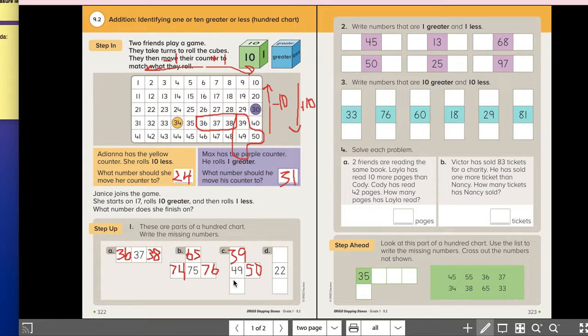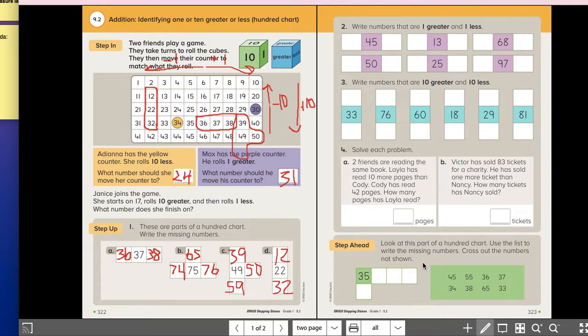And 49 plus 10 would be 59. Okay, and then 22, we can look at our chart. 22 is right here. Okay. 10 less would be 12. 10 more would be 32. Okay.